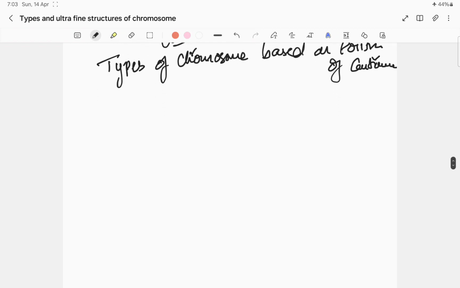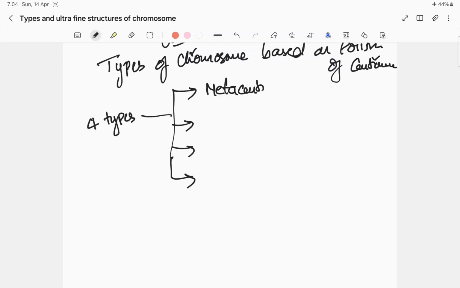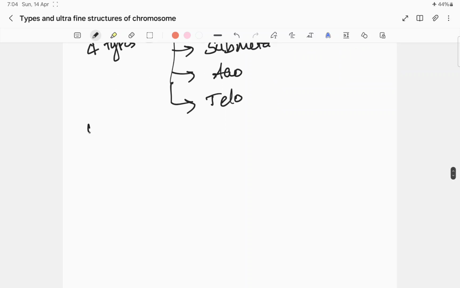Based on the centromere, it is generally divided into 4 types. The first one is metacentric, then submetacentric, acrocentric, and telocentric.